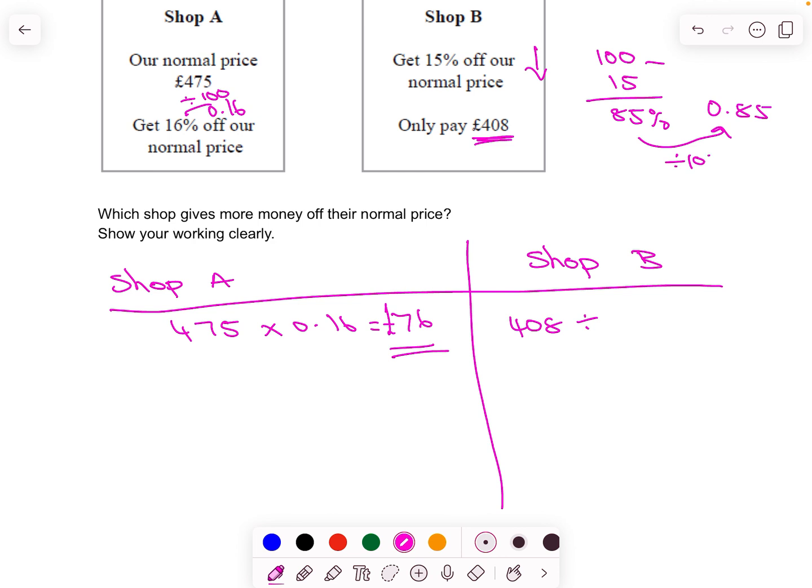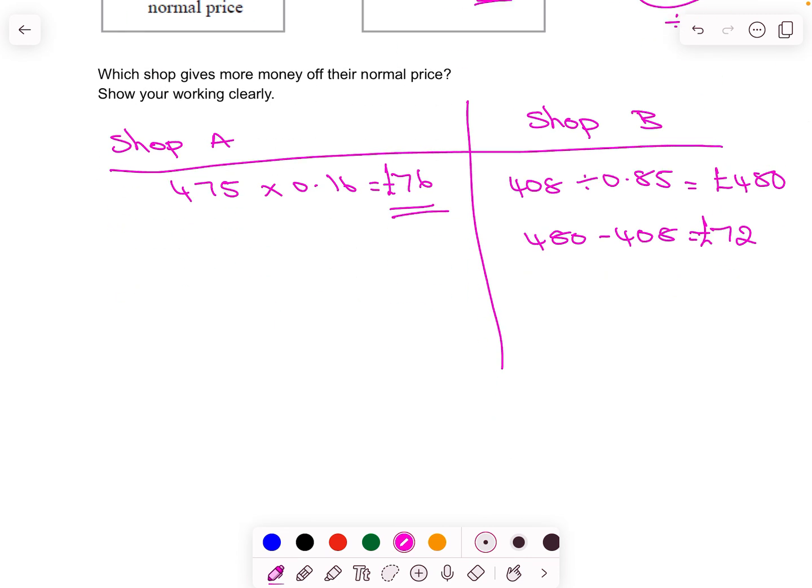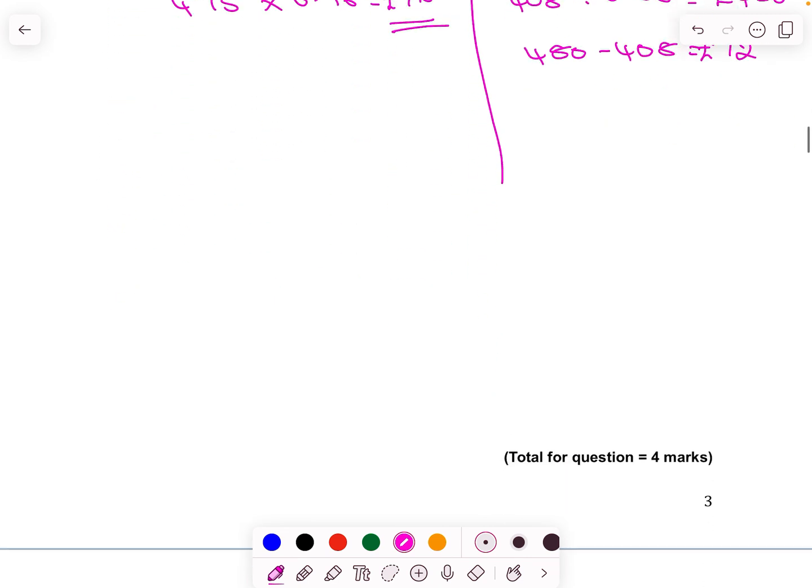So we do 408 divided by 0.85, and that gives us that the price was 480. So now we need to do 480 take away 408, which means we got a discount of £72.